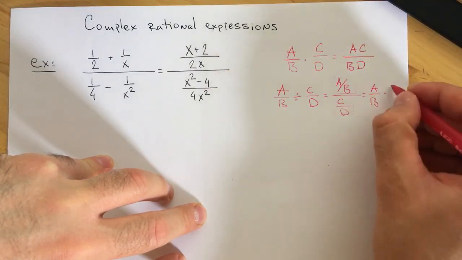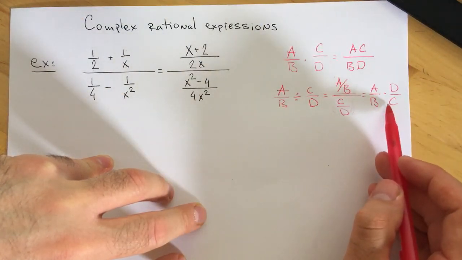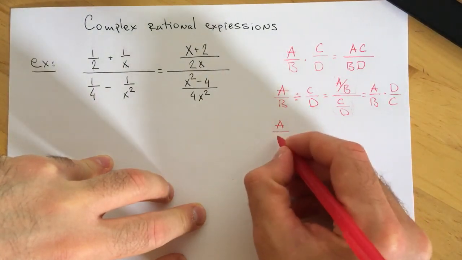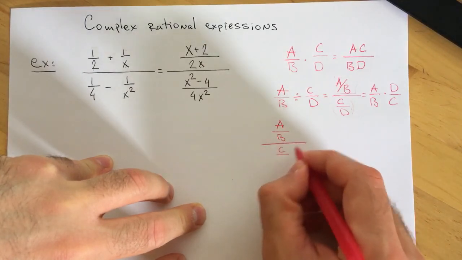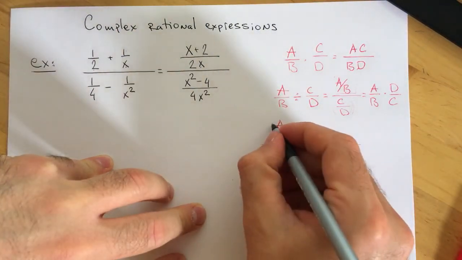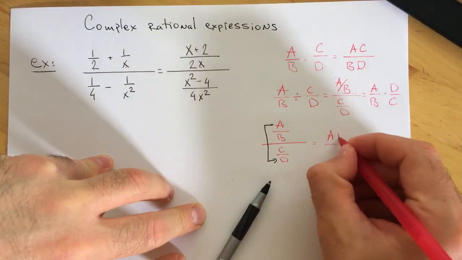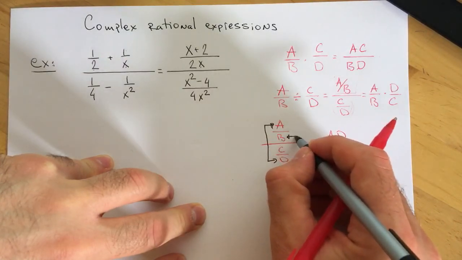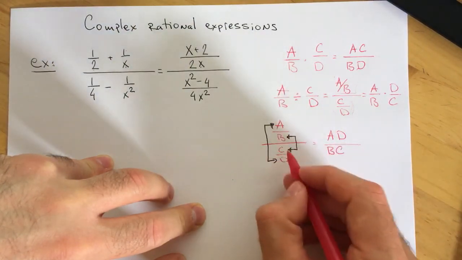The reciprocal of c over d is d over c, and then we end up multiplying two rational expressions, which we saw how to do. Or if somebody wants to write this faster, you can also remember this: a over b divided by c over d is equal to the product of the outer elements, so that's ad, divided by the product of the inner elements, so that's bc.